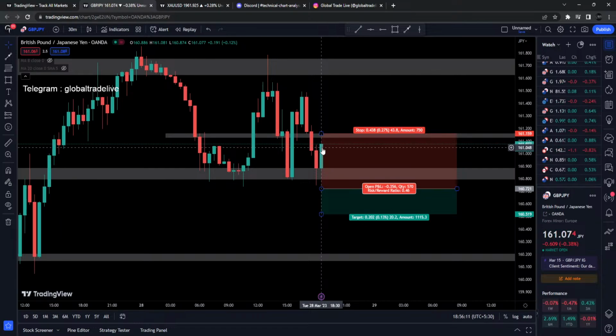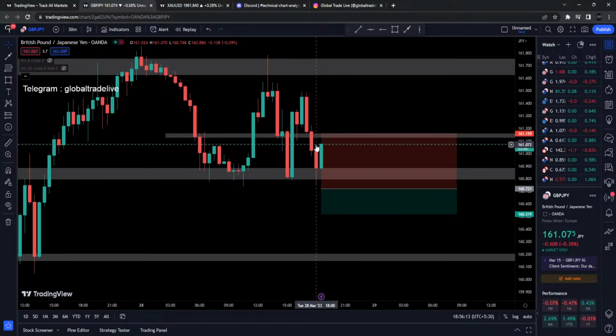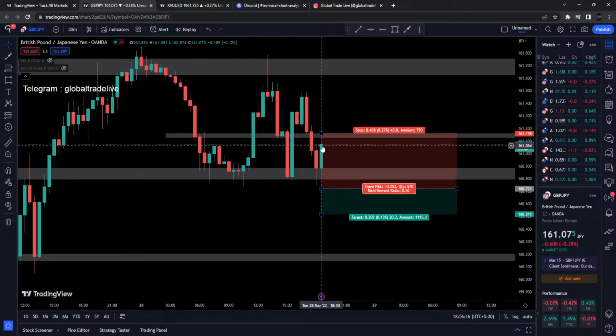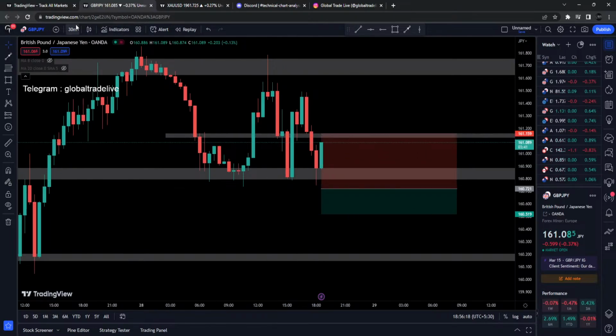The 30-minute candle just broke the high of the previous 30-minute candle, which is a sign that this candle can move up a little bit.